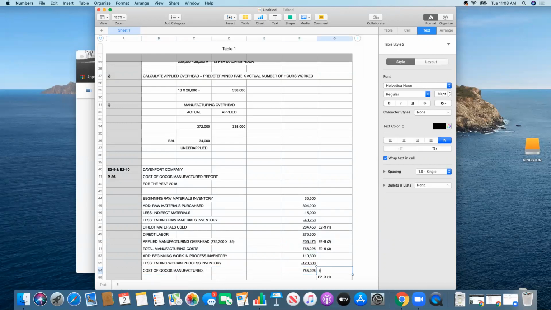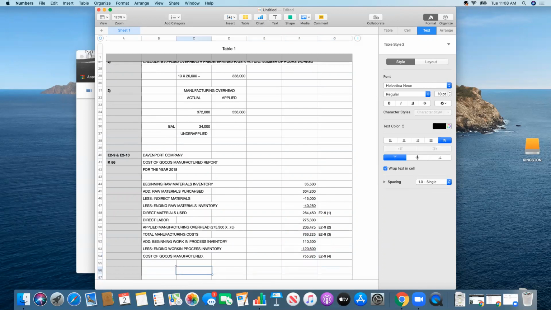Right, and this is exercise 2-9, part 4. Right, so see how we're answering two problems with the same numbers. Okay, so that's the cost of goods manufactured report.